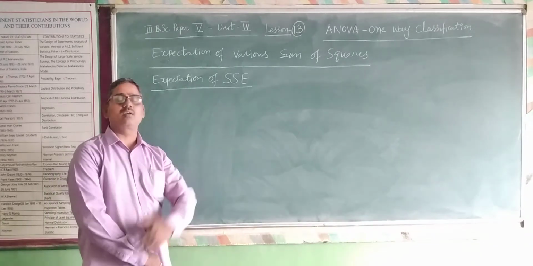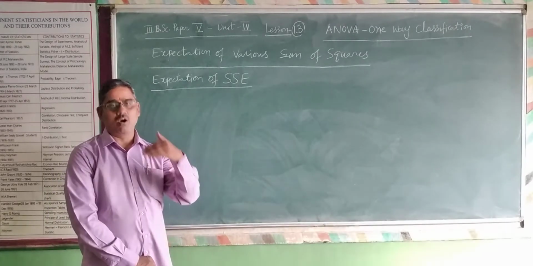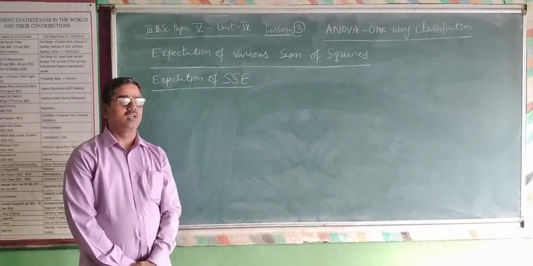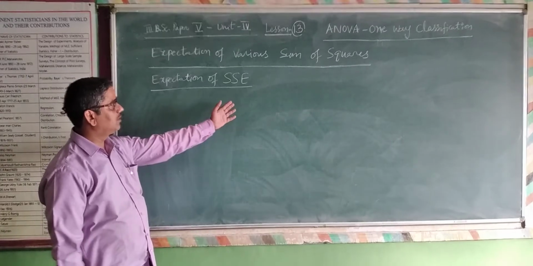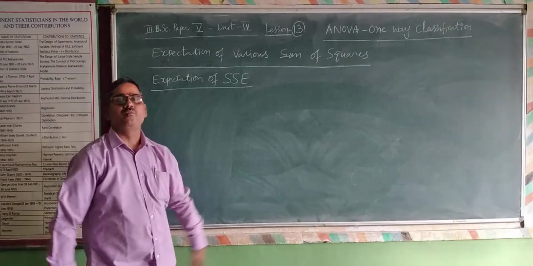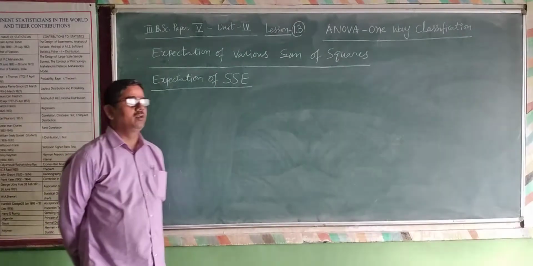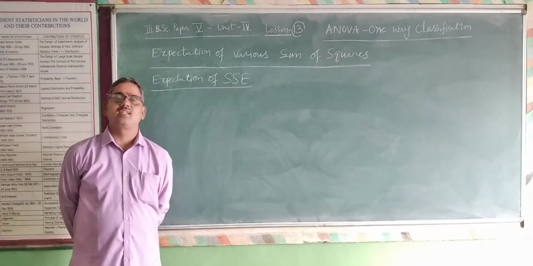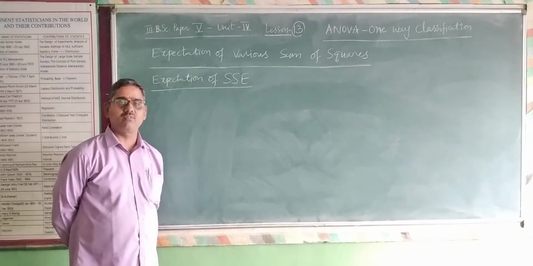In the second part, we calculated expectation of sum of squares due to the treatments. And in the last part, in lesson 13, in this lesson, we calculate expectation of sum of squares due to the error, SSE, expectation of SSE.